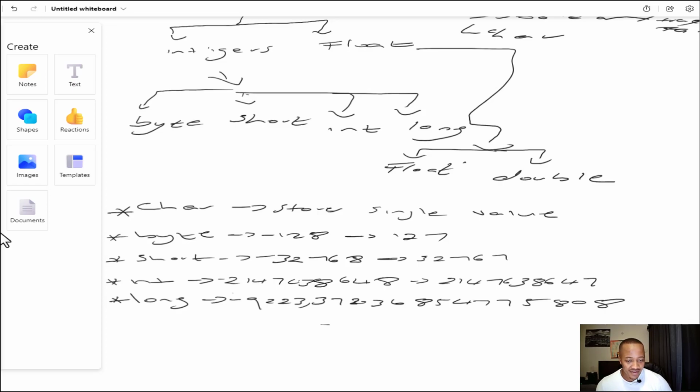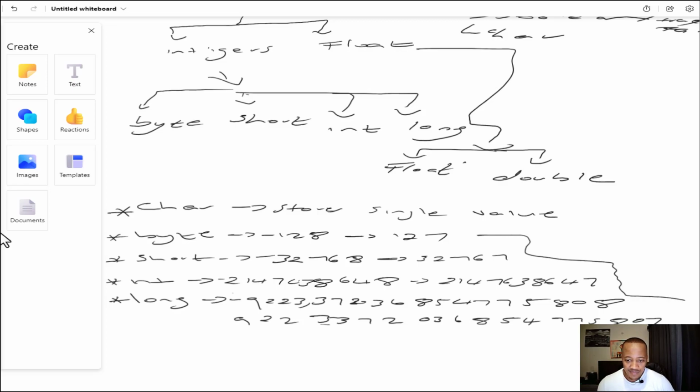That's from the negative. Yeah, that's a very big number. To positive 9,223,372,036,854,775,807. Okay, so now you probably ask yourself, what's the difference between these ones? So these guys are similar in a way that they both store whole numbers.